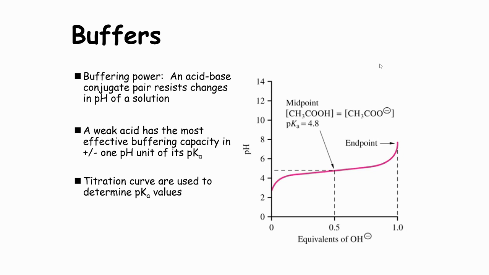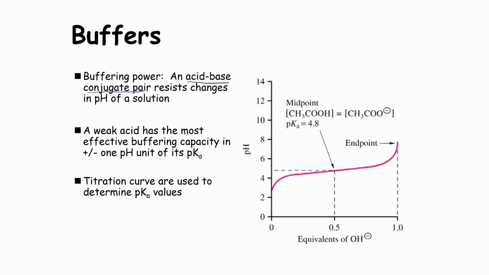Buffers are very important for us to understand in biochemistry. And a buffer contains a weak acid and its conjugate base. So I'm going to write that in here. An acid-base conjugate pair.